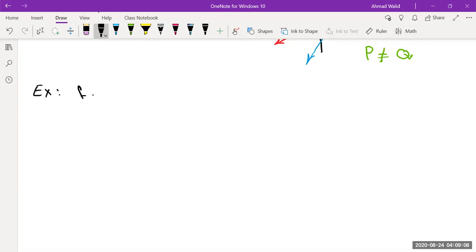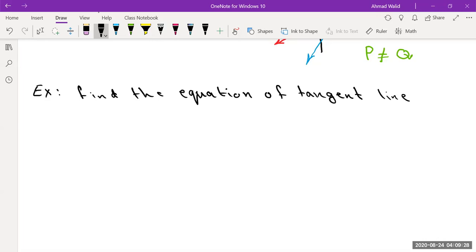For example, they are asking you, find the equation of the tangent line to y equals x squared at the point (1, 1).